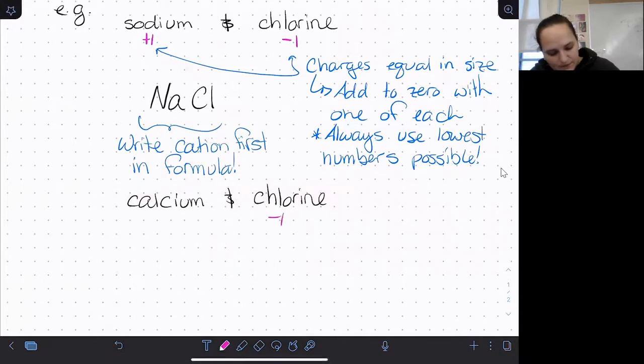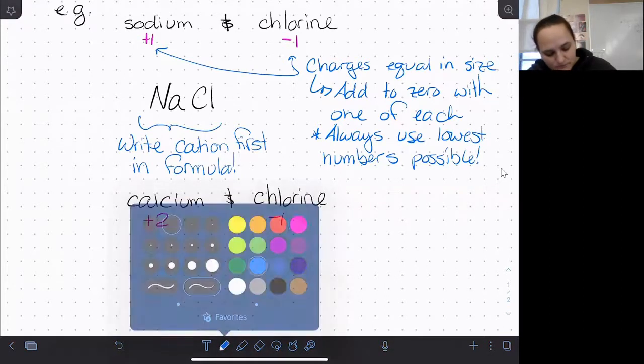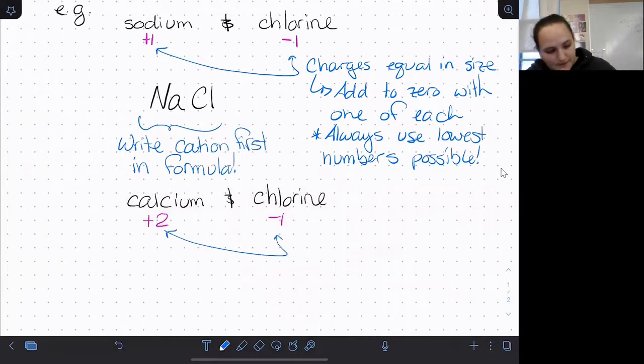We have a -1 charge on the chlorine because it's a halogen. Calcium is an alkaline earth metal. That family likes to form +2 charges. So now we have the sort of imbalance in charge. If we put one calcium with one chlorine, our charges don't add up to 0, and this is where we need to make some adjustments.